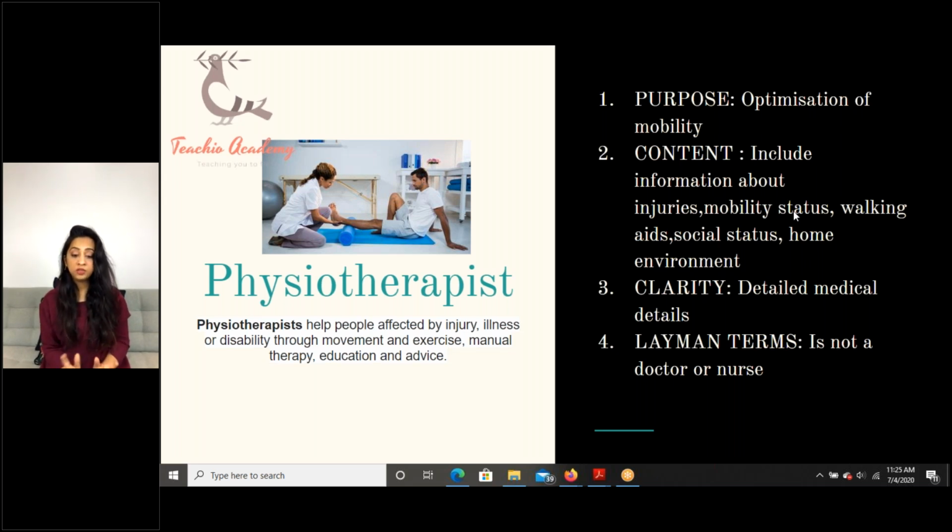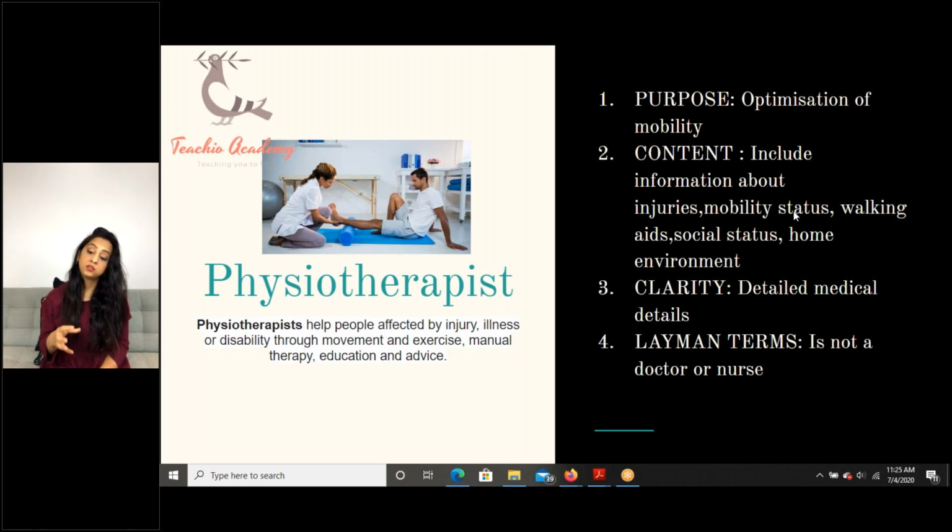Now, physiotherapists are people who are responsible for the movements, or the gross movements, of a patient. Okay, so that means walking around the house, or if someone's not able to walk, do they need mobility aids? Like, do they need a walking stick or a walker?